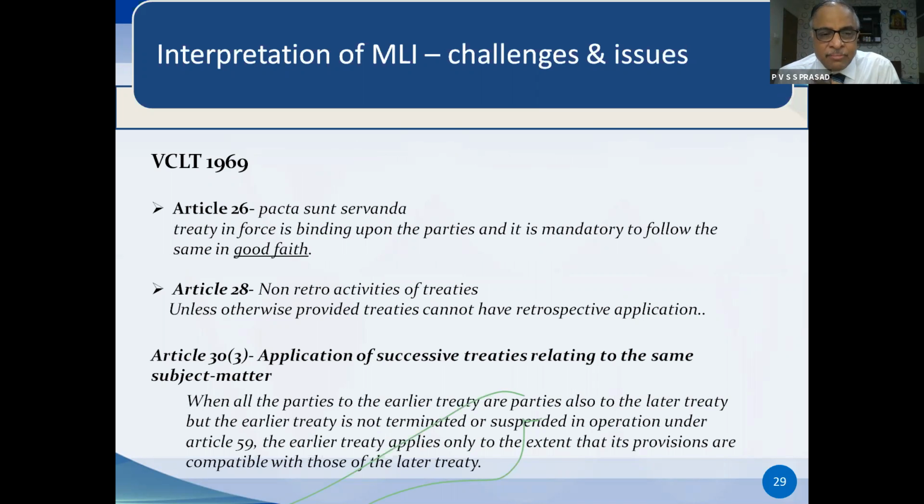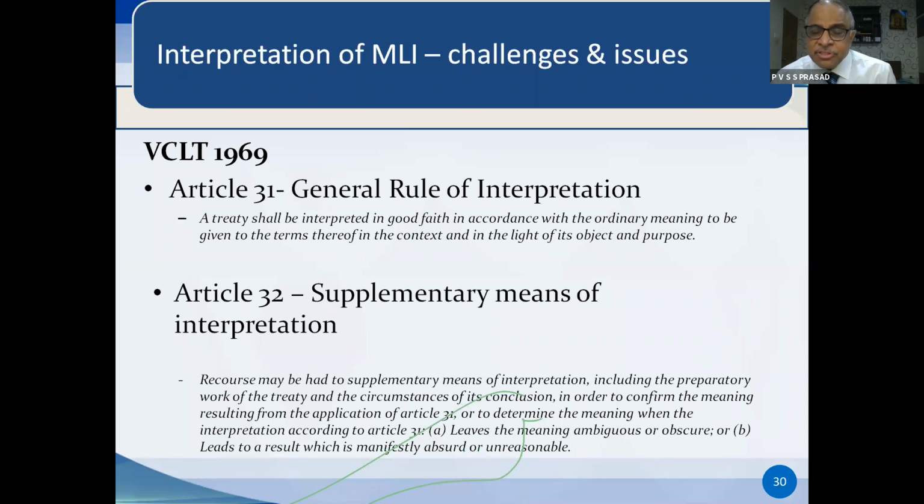And Article 30, sub-article 3, I have explained; this is the principle on the basis of which the MLI is operating. And Article 31 is the general rule of interpretation for treaties. The same thing would apply even to the MLI. A treaty shall be interpreted in good faith in accordance with the ordinary meaning to be given to the terms thereof in the context and in the light of its object and purpose. Okay, and Article 32 is the supplementary means.